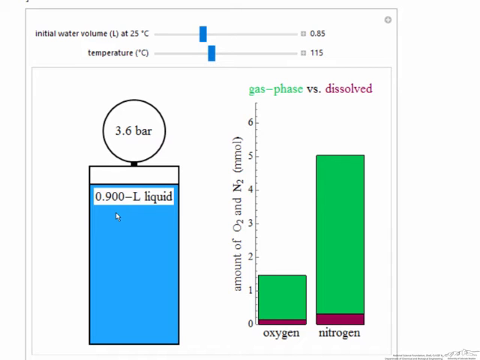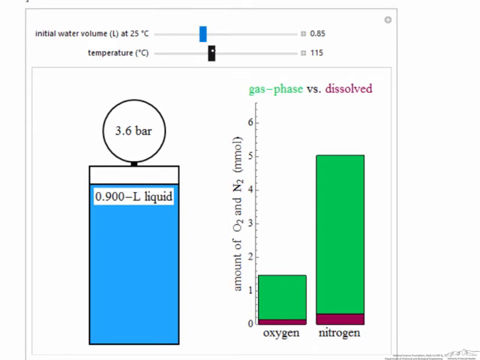It's not a dramatic increase. We're up to 115 degrees, and it's increased from 85 to 90% of 1 liter. And then on the right, we show that a small fraction of the oxygen and the nitrogen are dissolved. That's the purple at the bottom in the bar graph, and the green shows the amount that is in the gas phase.